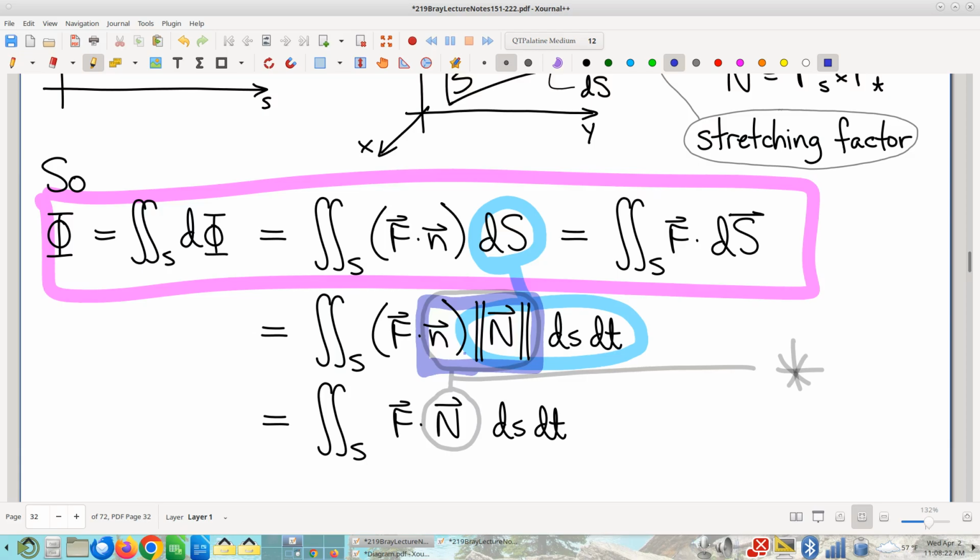So it's tempting, very tempting, and I'm not even 100% wrong to say, well look, this product, little n times the magnitude of capital N, points in the same direction as capital N, perpendicular to the surface. It's got the same magnitude as capital N, right there looking at us. It looks like a duck and quacks like a duck. That makes it a duck. So it's very, very tempting. Now, I did just commit a math crime.